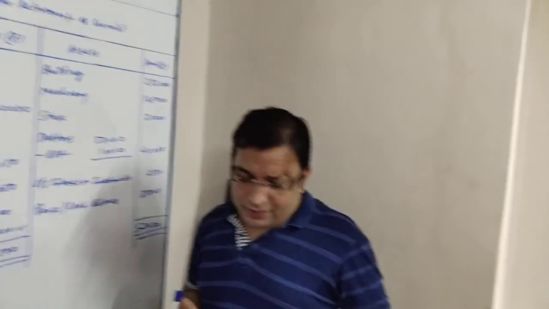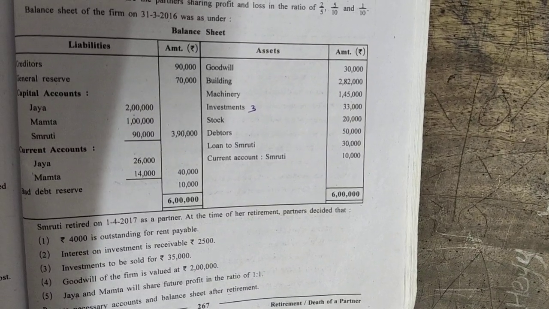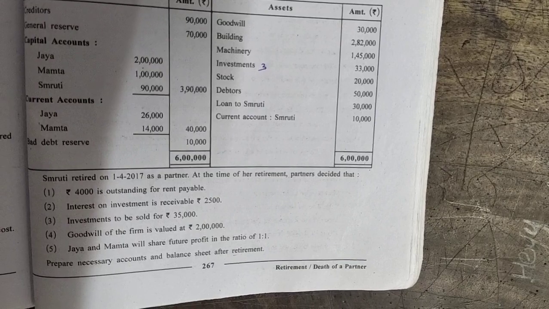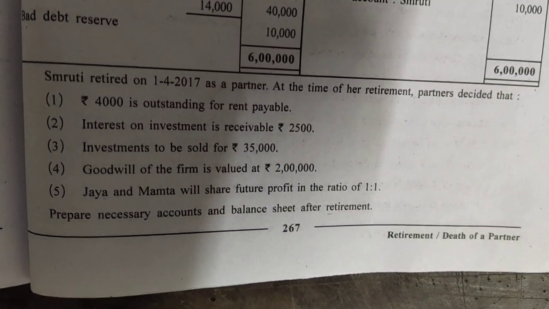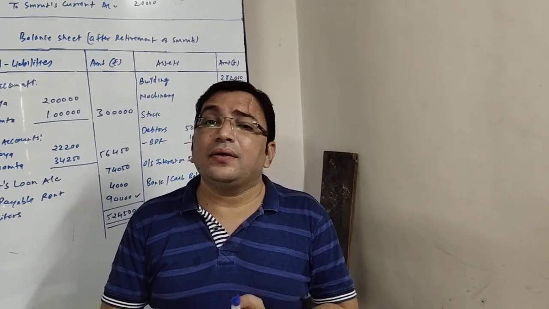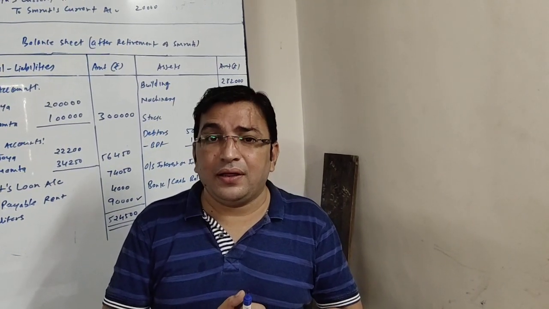Okay, next item. Now friends, investment is given as 33,000 and there is one adjustment, adjustment number 3, which is given to us. Investment is to be sold for rupees 35,000. What to do here? We are selling out all the investment, right?